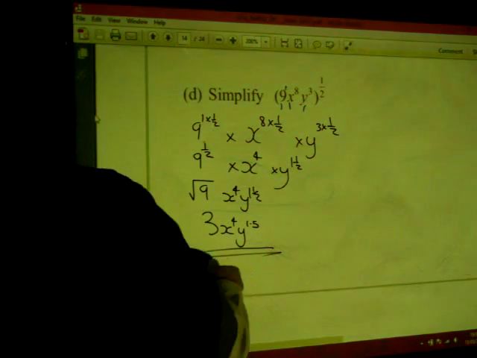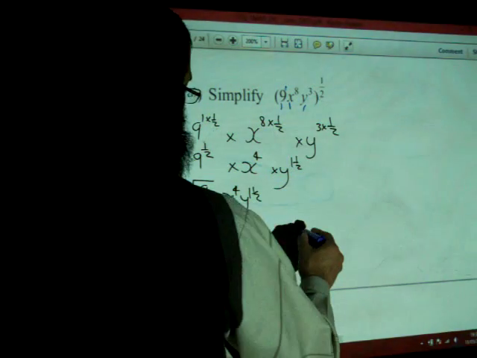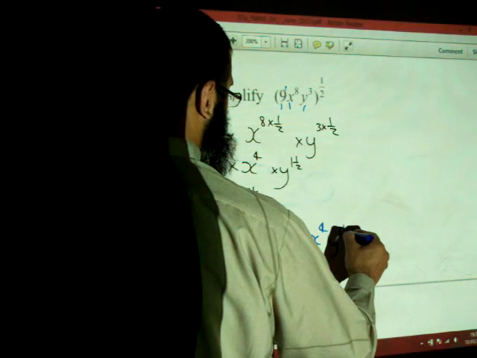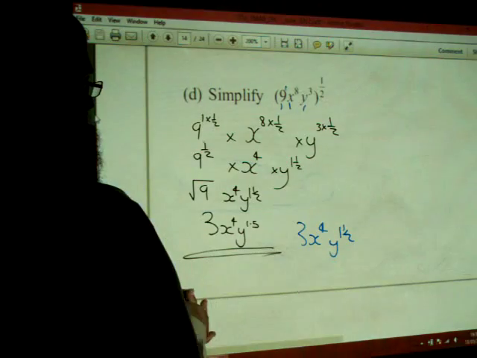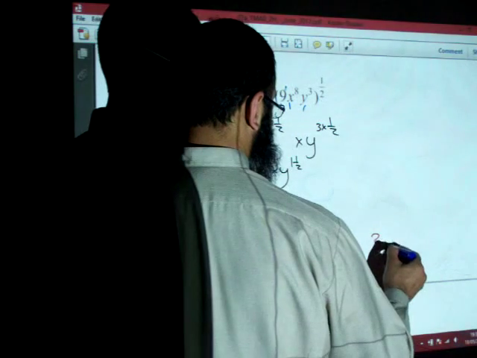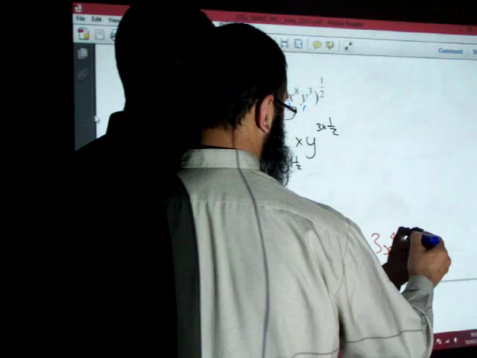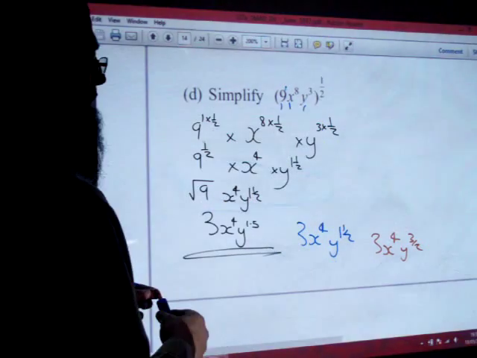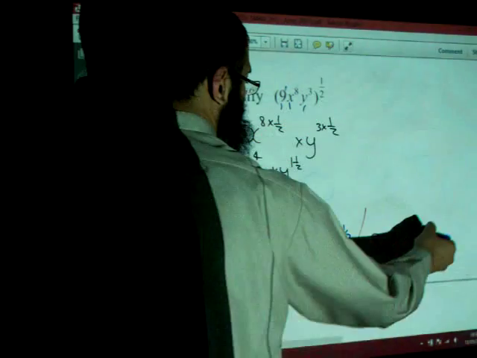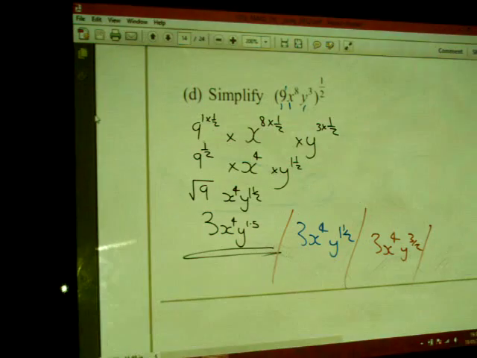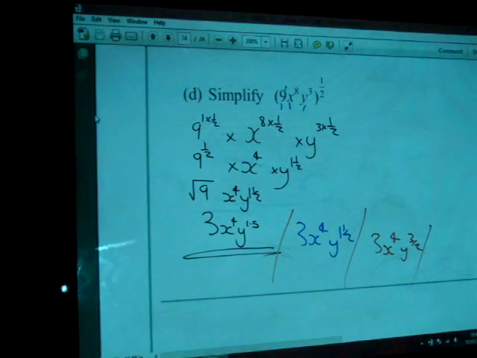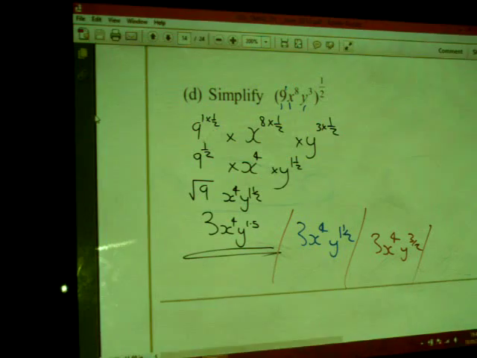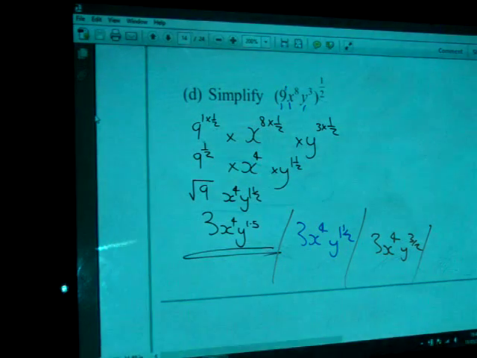We can put 1.5 there, or this is also another way of writing it, or use the original value that we had here. 3 times by half will give you 3 halves. Okay. Right? So don't worry if you use any one of those particular formats. Okay, done. Next question. Is everybody ready for the next question?